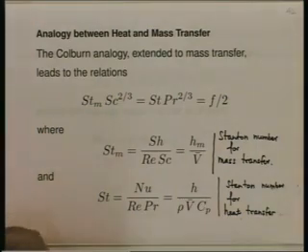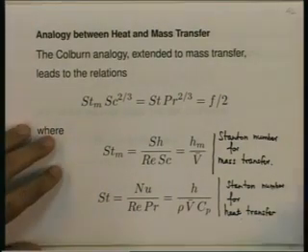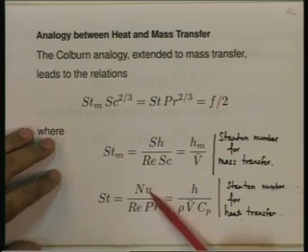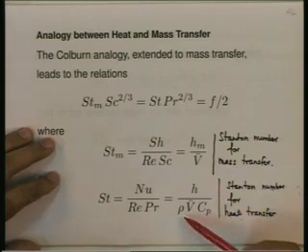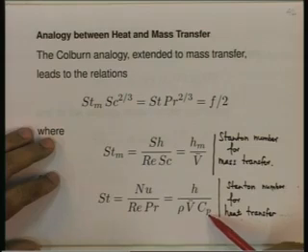The definition of the Stanton number for heat transfer was Nusselt number divided by Reynolds number Prandtl number, which made it equal to the heat transfer coefficient divided by rho divided by the mean velocity divided by Cp.